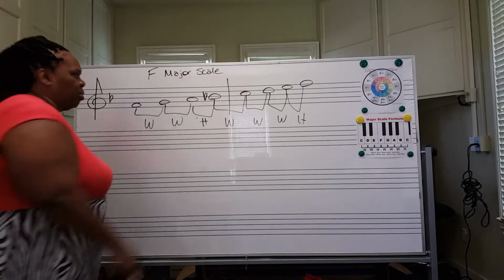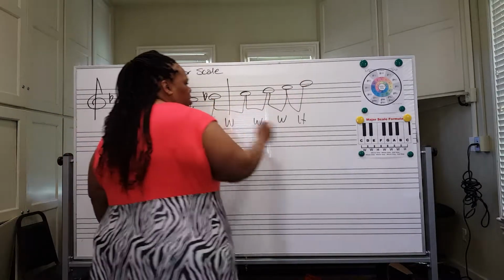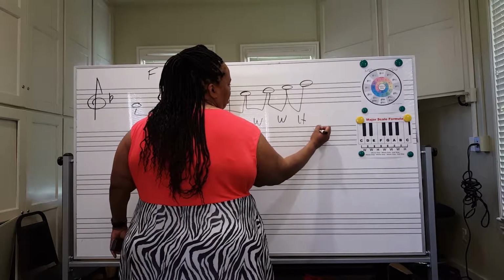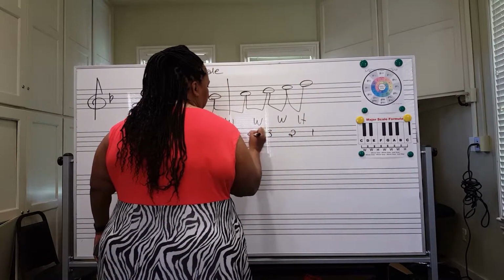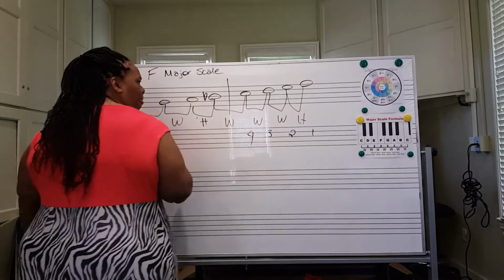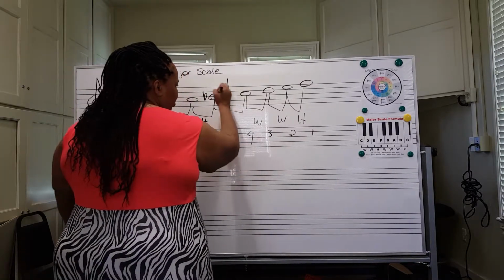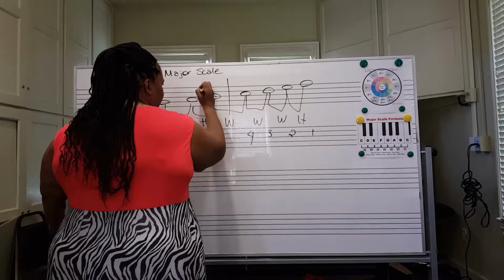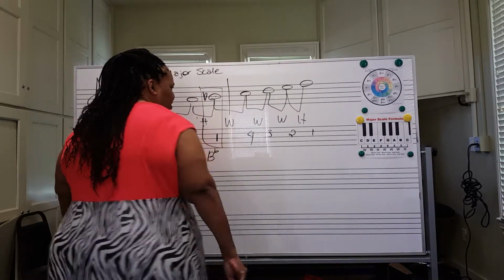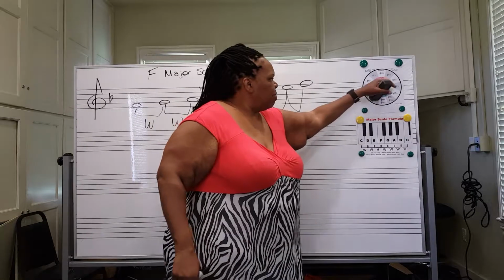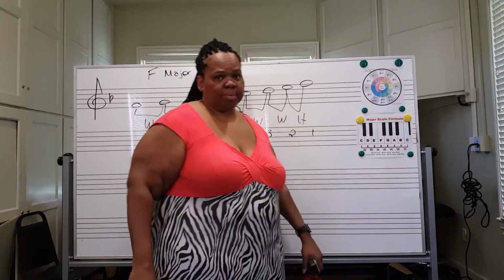So 5 steps down. We're going to start from here since we're going to just descend it. 1, 2, 3, 4. The first note of our descending tetrachord is our next key, B flat. If you notice, that is the next key here.